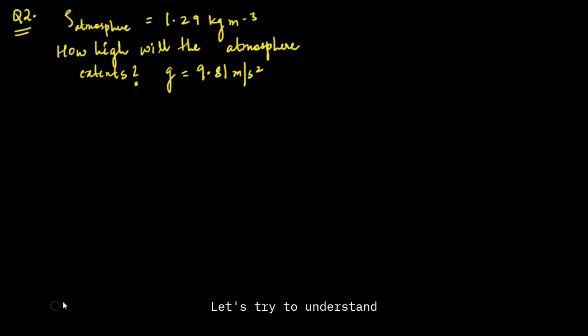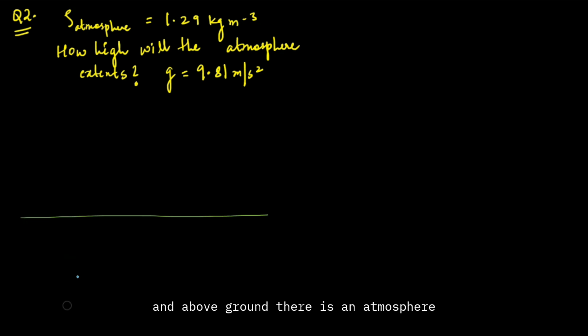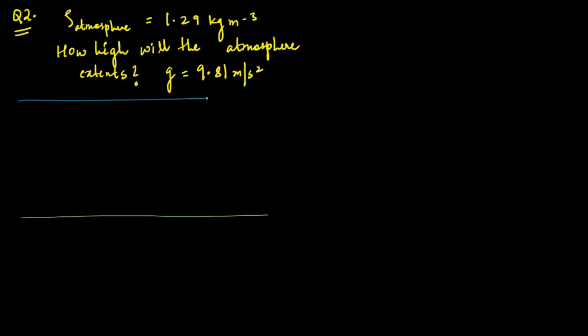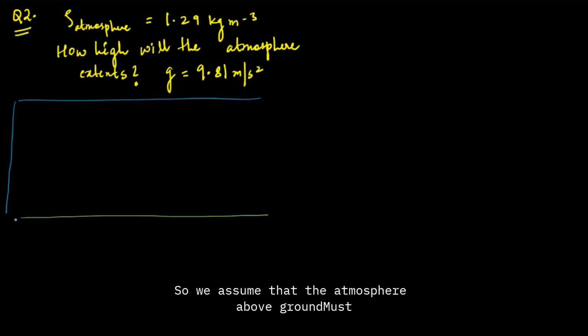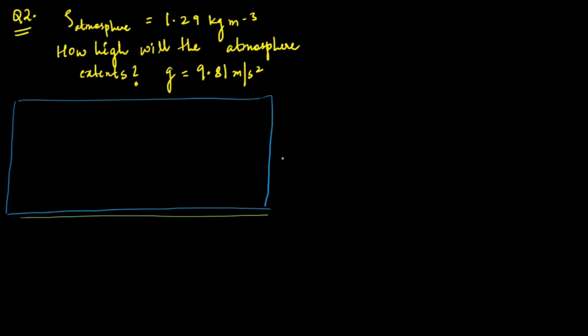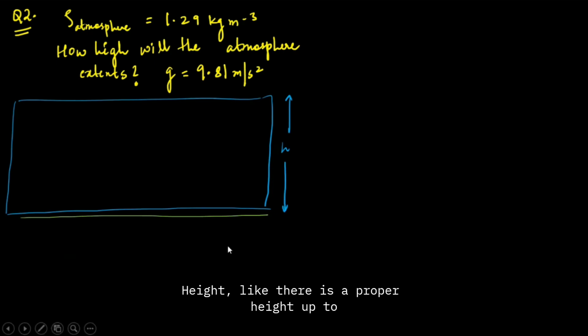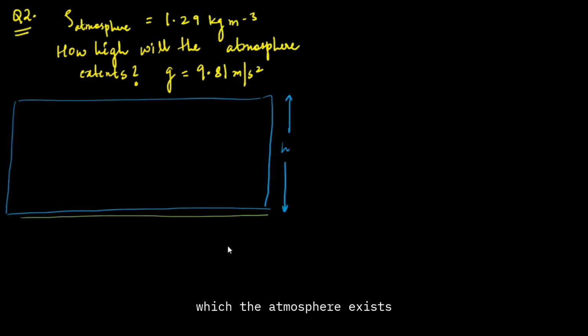Let's try to understand. So suppose this is the ground, and above ground there is an atmosphere. We assume that the atmosphere above ground must have some height, like there is a proper height up to which the atmosphere exists. After a certain height, there is no atmosphere.